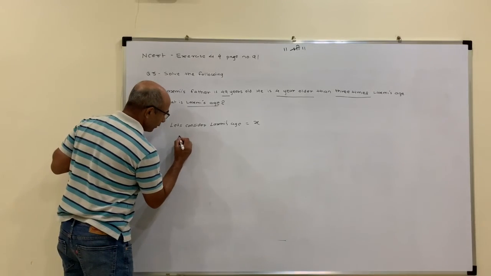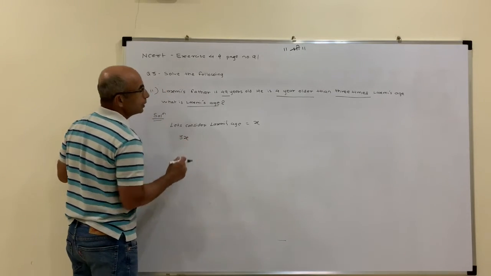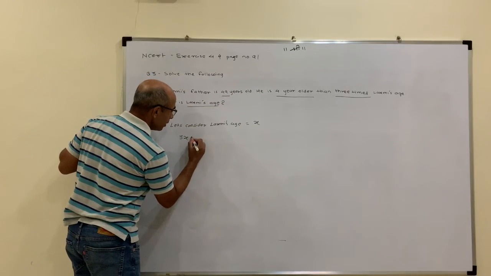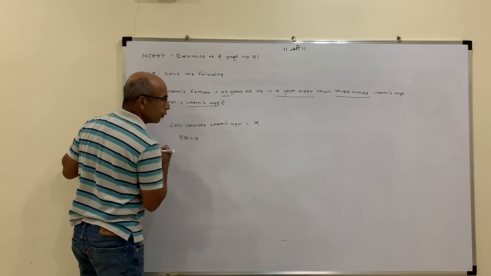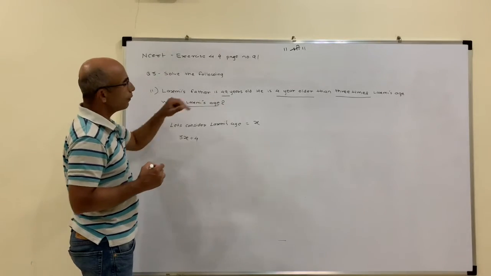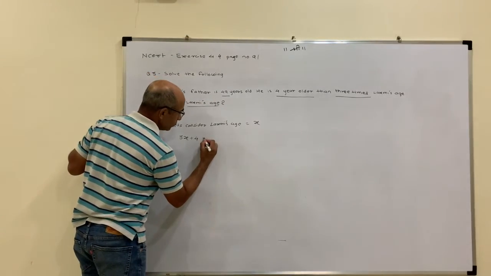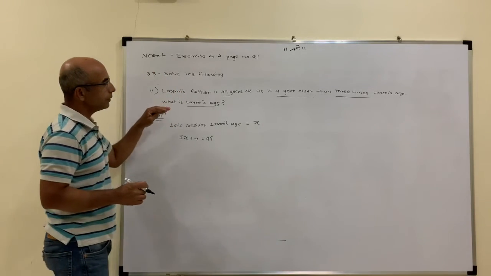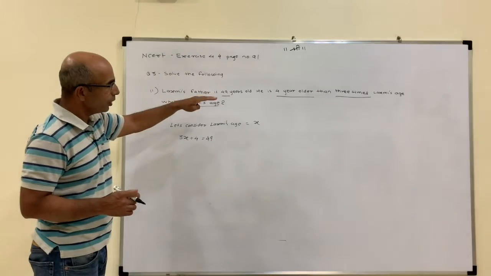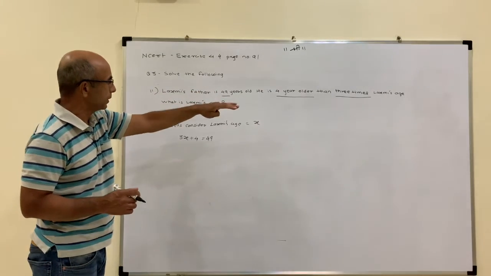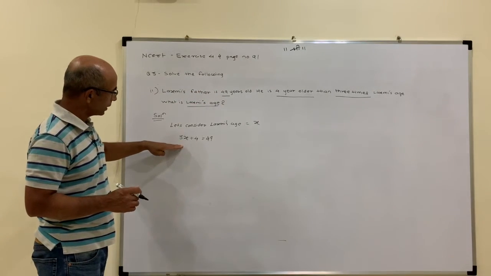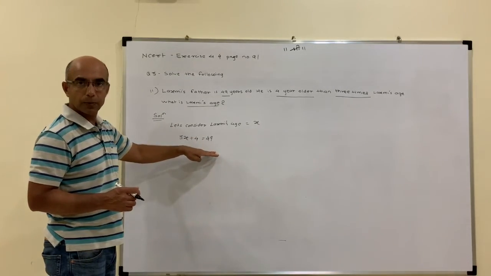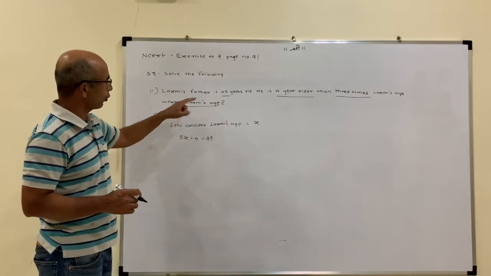So the first step will be 3x, 4 years older, plus 4 years, and that equals 49. He is 4 years older than 3 times Lakshmi's age. So 3 times Lakshmi's age plus 4 years older, and that comes out to be his age is 49.